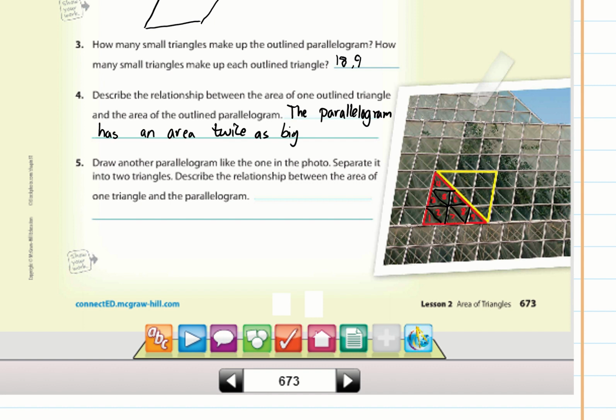Draw another parallelogram like the one in the photo, separate it into 2 triangles, and describe the relationship between the area of one triangle and the parallelogram. Same thing: if I draw a parallelogram and divide it in half, I get 2 triangles. So the area of the triangle is half the area of the parallelogram.